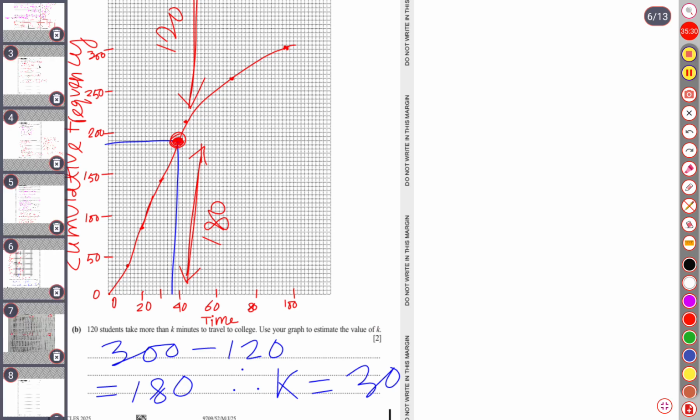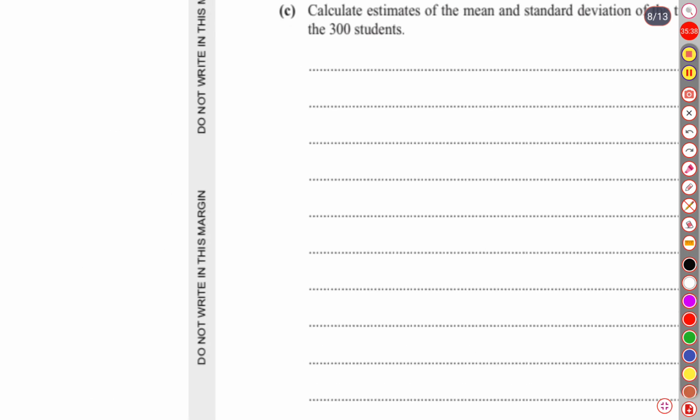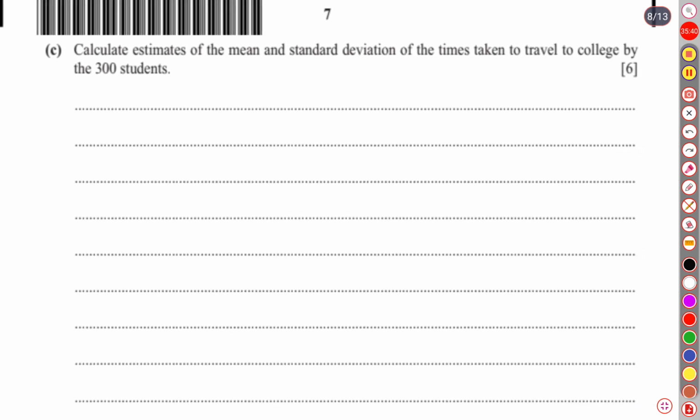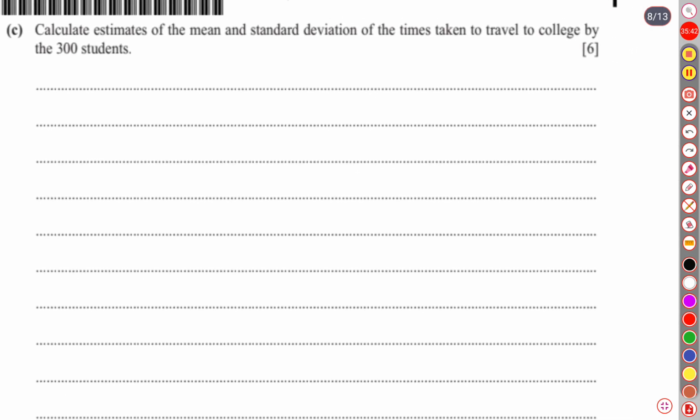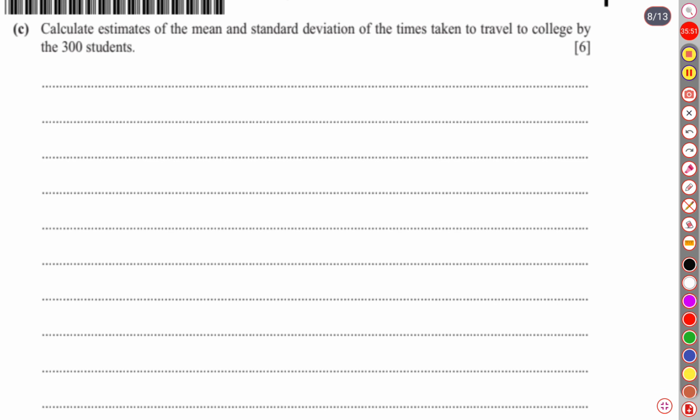Let's see what the next question says. The next question is to calculate estimates of the mean and standard deviation of the times taken to travel to college by 300 students. We are going to find the mean as well as the standard deviation.